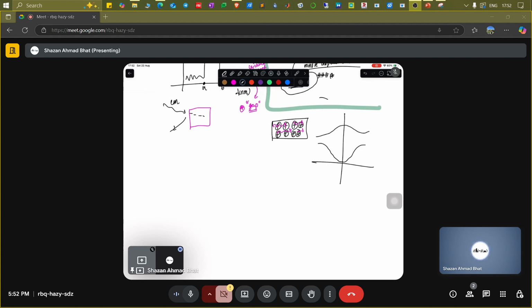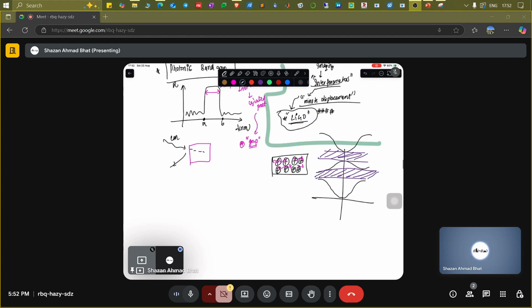This is the electronic band gap. That means an electron cannot have these energy values inside the lattice. As simple as that. Similarly, in the photonic band gap, photons of these particular wavelengths cannot flow through this particular system. That is the simplest idea of a photonic band gap.